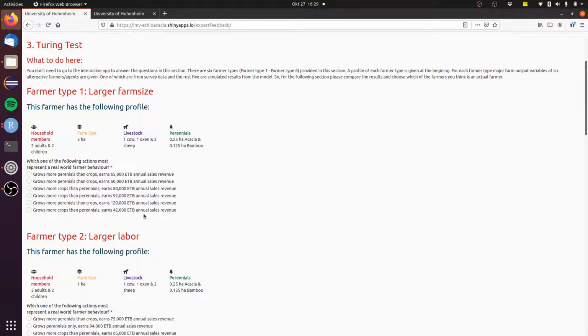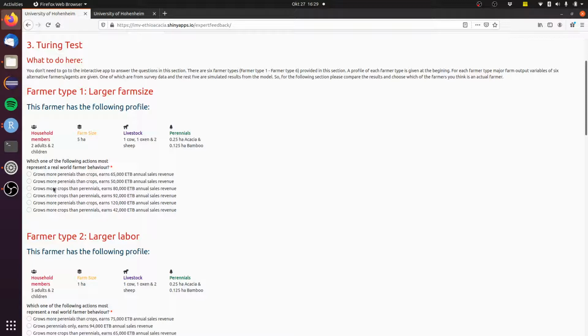We run the model. So the idea is, from these 6 options, one of the activities here is done by the actual farmer. The question is to identify which of these 6 options is the actual farmer.